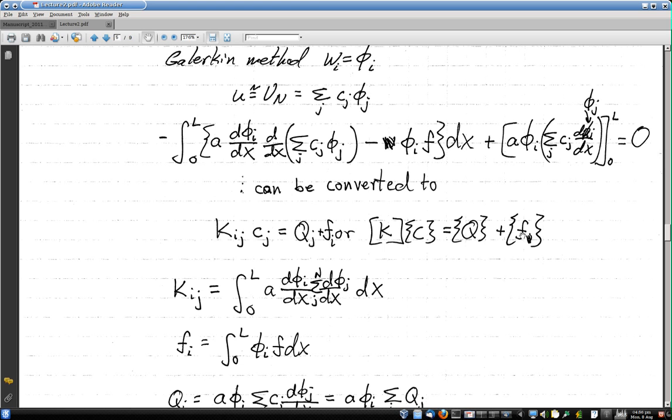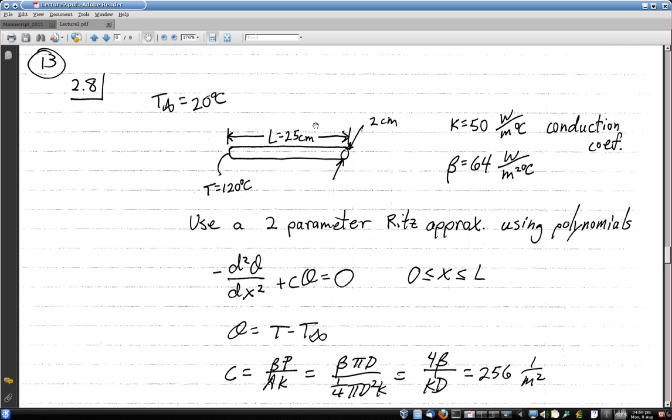Alright, so let's talk about this in terms of an example. I've got a rod, with properties: thermal conductivity, and I believe this is a convection coefficient. This is very similar to the other problem we talked about before, except there's no heat generation. I'm going to use a 2-parameter Ritz approximation, and I'm going to use polynomials for the weight function and the approximation function of the solution.